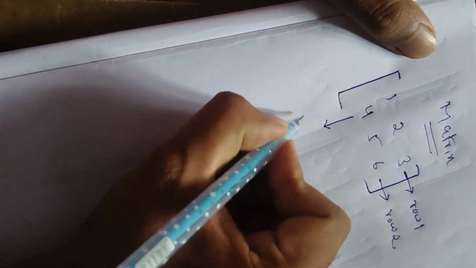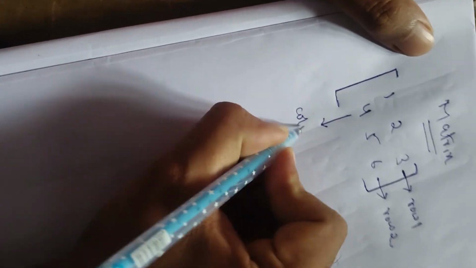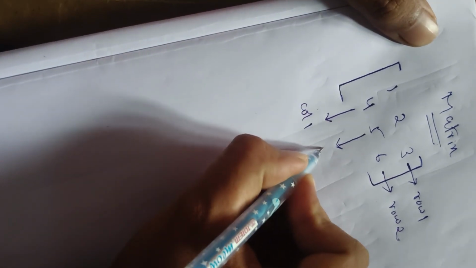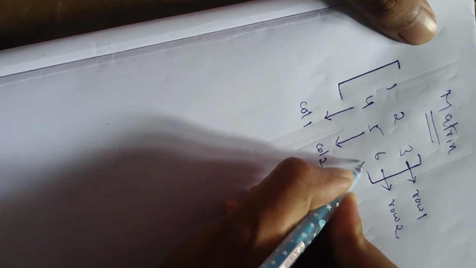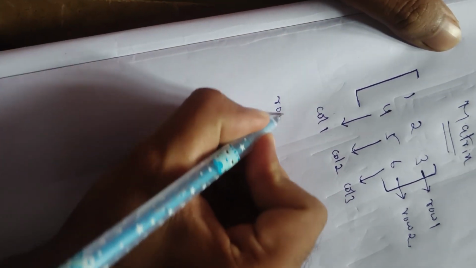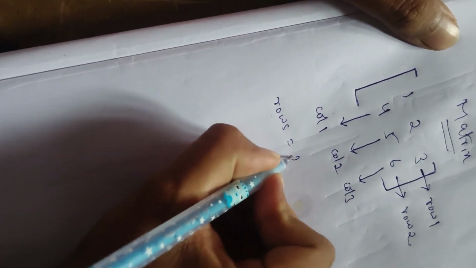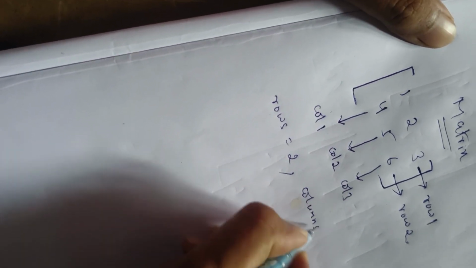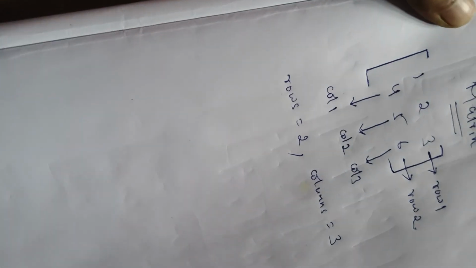These are vertical. Column 1. And this one, vertical elements, column 2. This one, column 3. So in this matrix we can observe that there are 2 rows, 3 columns, right?